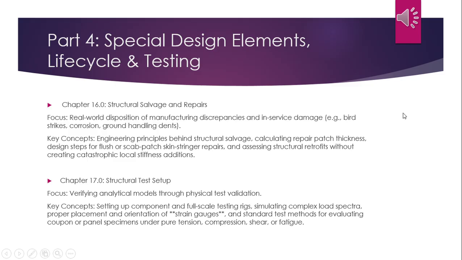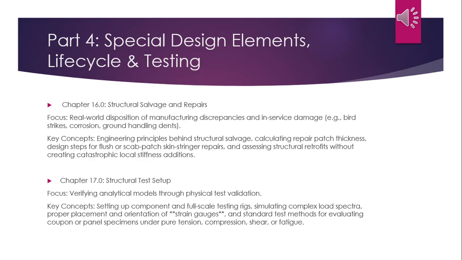So chapter 16 is about structural salvage and repairs. It focuses about the real-world disposition of manufacturing discrepancies and in-service damage, like bird strikes, corrosion, ground handling dents. There are structural repairs for such damages like dents.